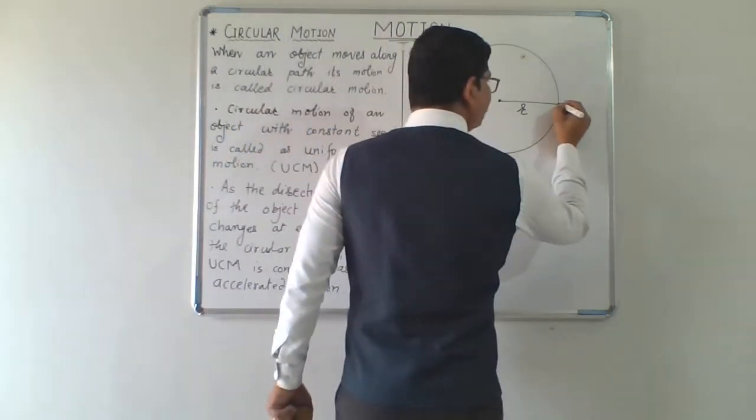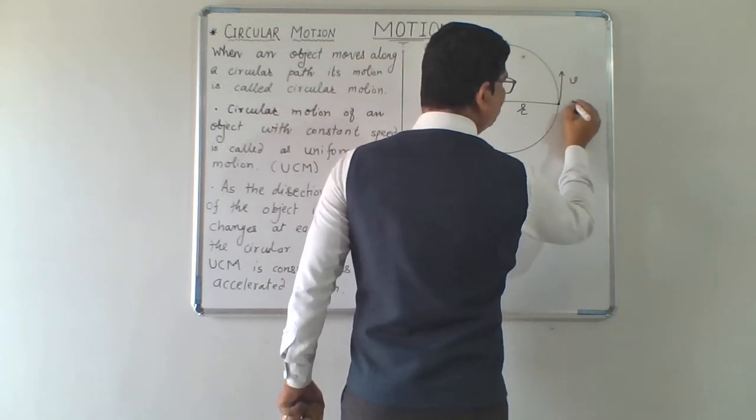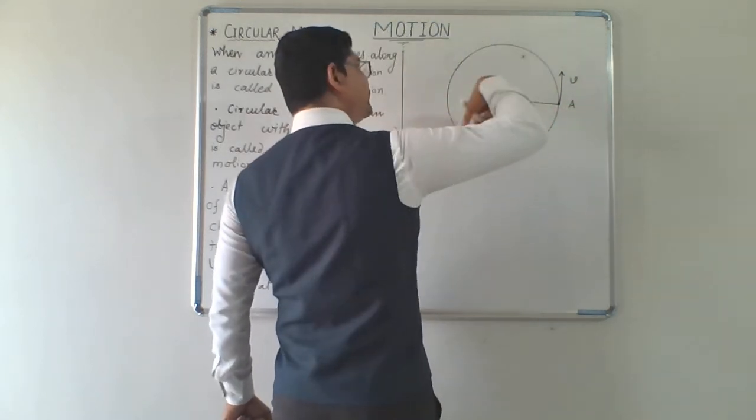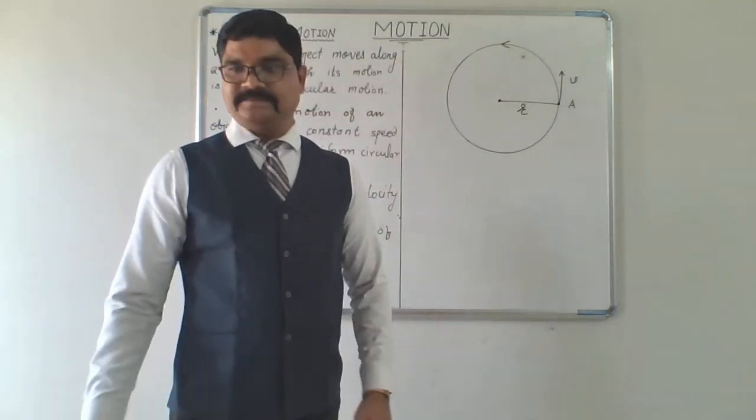Let the object start from point A. This is the velocity of the object, and at each point the object is moving in the anti-clockwise sense.